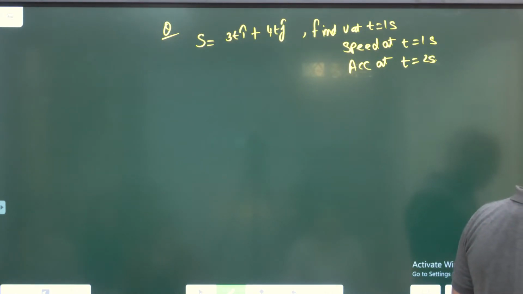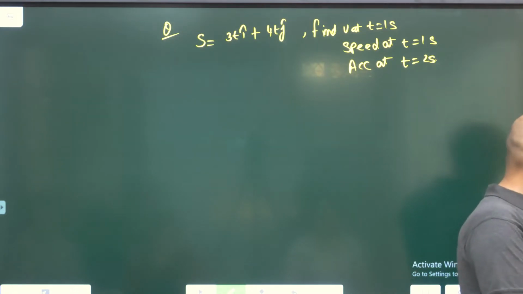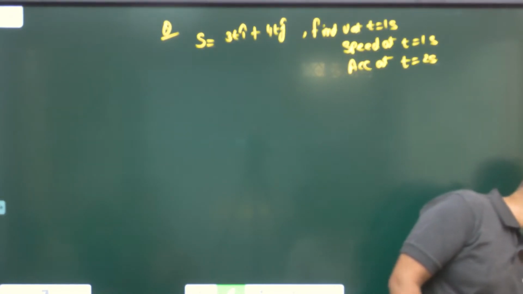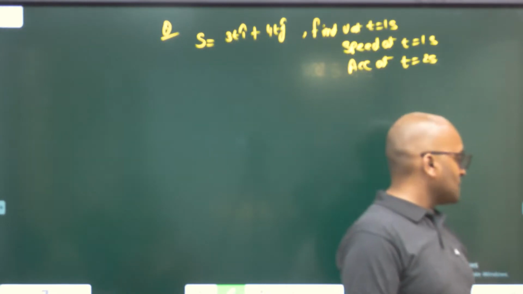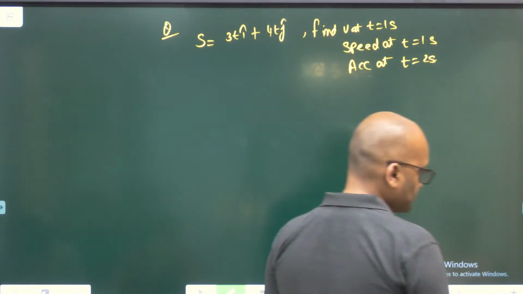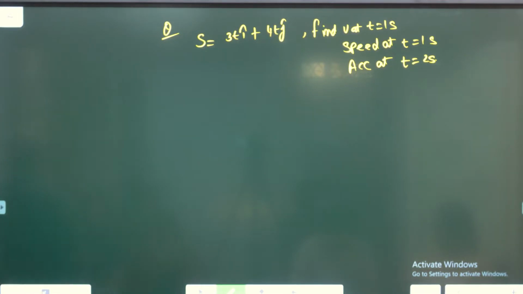So acceleration 0? V will be 2 and speed will be 5. No. Wrong, dear. So V will be 3i cap plus 4j cap.